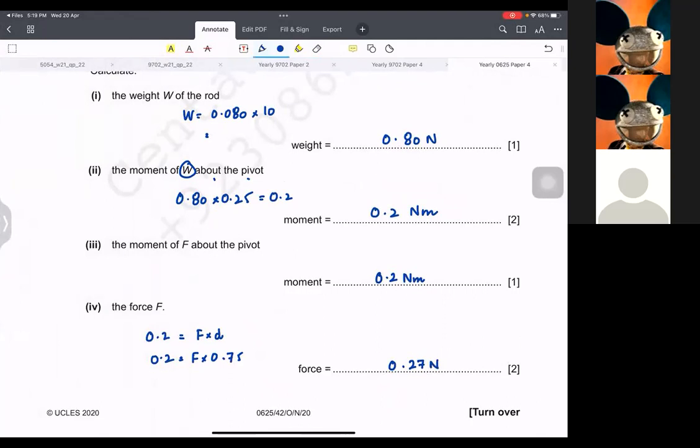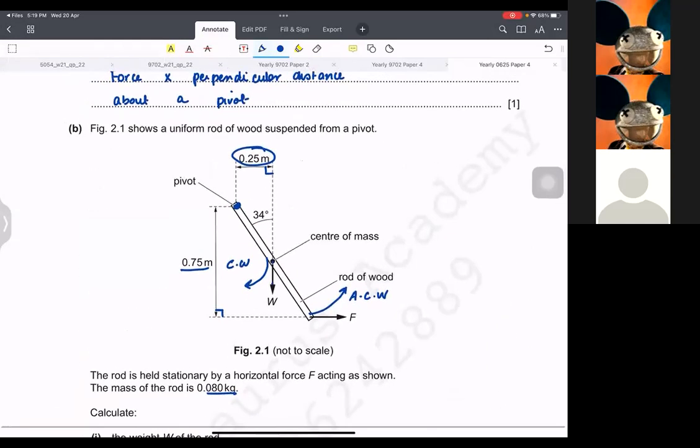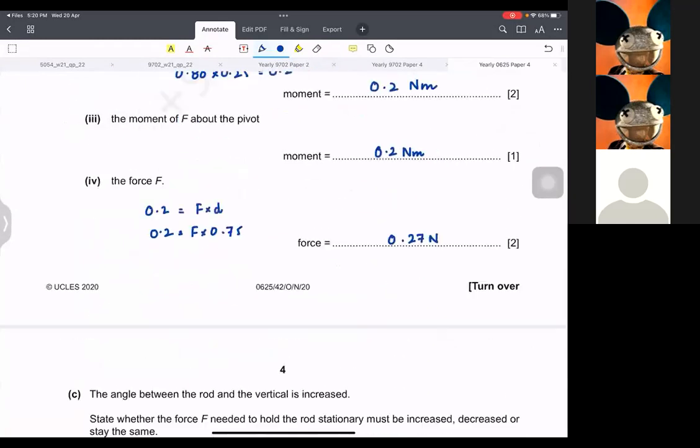Right? For the third part, we won't subtract 0.75 minus 0.25 for the distance. No, why? It is a separate distance. You have to look where the force is and what is the perpendicular 90-degree distance to it till the pivot. Like this was the force, it's 90 degrees with this. It has nothing to do with the other ones.